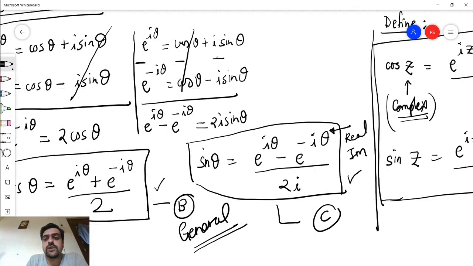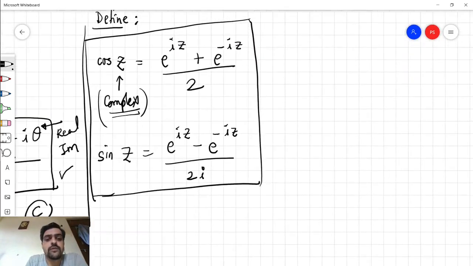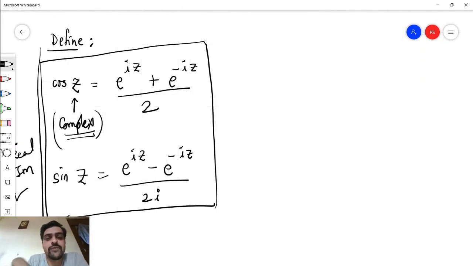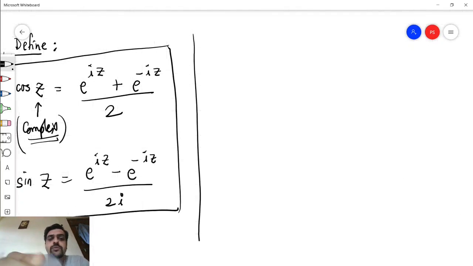Now we will try to solve some problems to get a flavor of it. So the simplest one of them is to prove that the derivative of sin z is cos z.